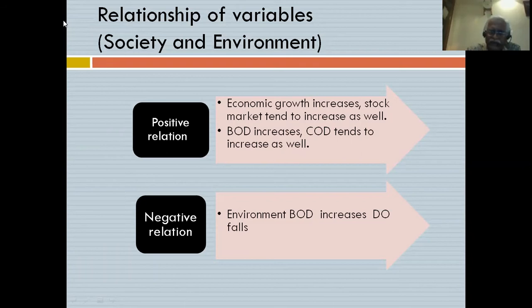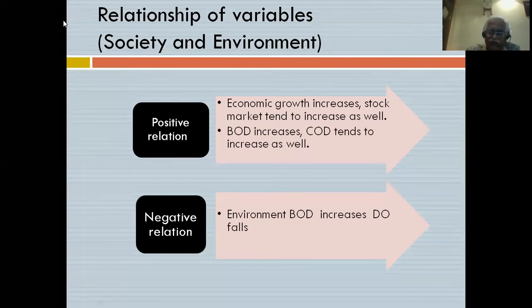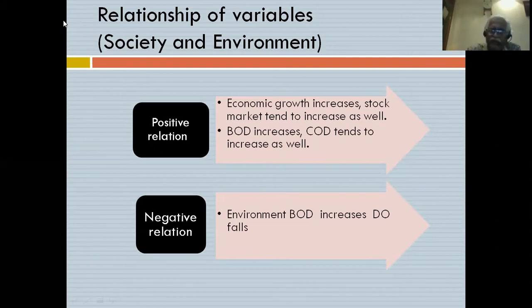BOD is the biochemical oxygen demand, the demand of oxygen by the bacteria to stabilize the decomposable organic compound. In the process, the organic carbon tends towards carbon dioxide. So they consume the dissolved oxygen in the water system, the aquatic system. Therefore, when the BOD increases, DO definitely tends to fall. Next.